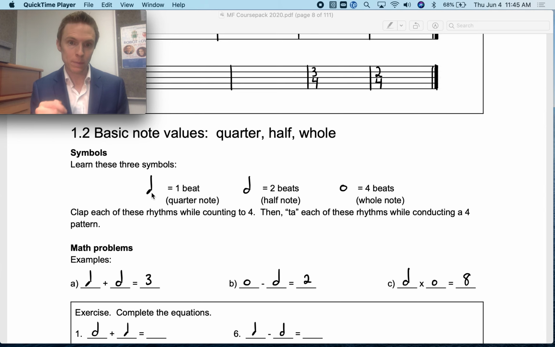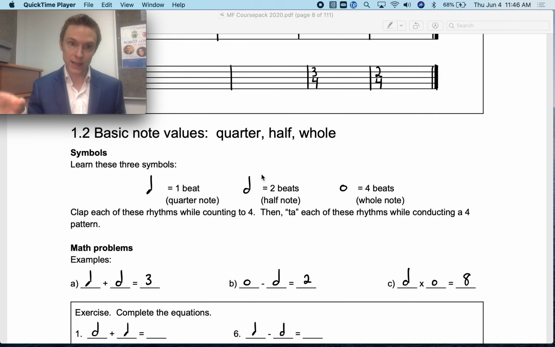So quarter note gets 1 beat, so that means you're going to ta each beat that you conduct. So something like this. Ta, ta, ta, ta, ta, ta, ta, ta. So those are your quarter notes. Now, for the half notes, each half note lasts for 2 beats. That means you're going to hold out a ta for 2 of your 4 counts and then do another ta for the remaining 2 counts. So like this. Ta, ta, ta, ta.